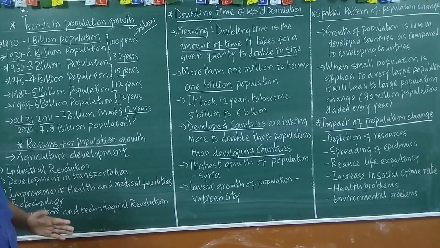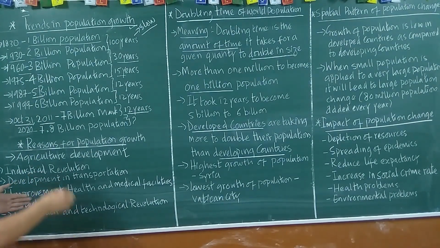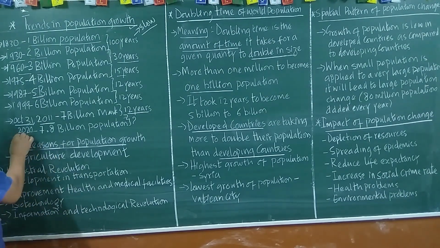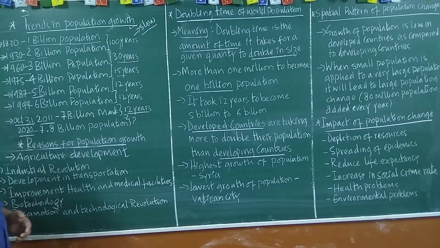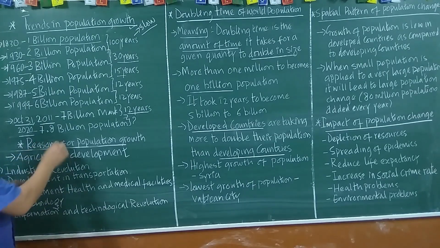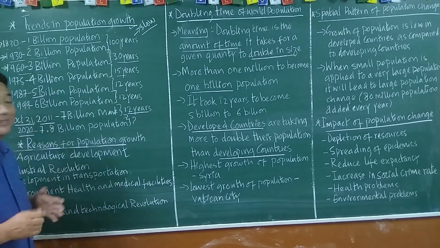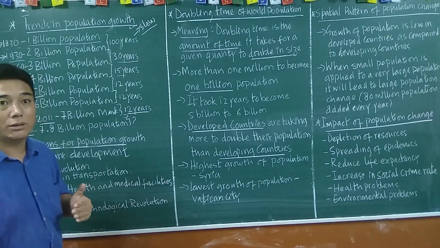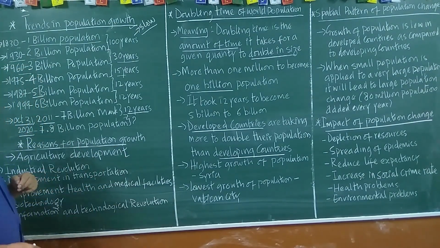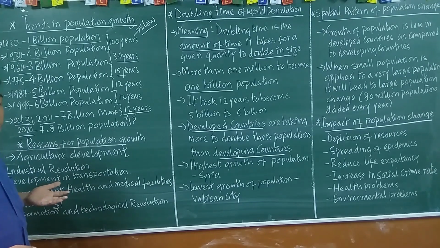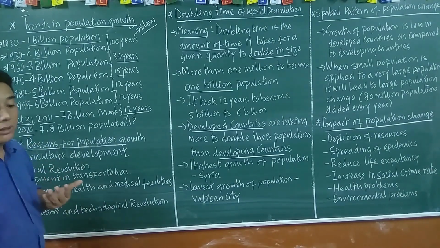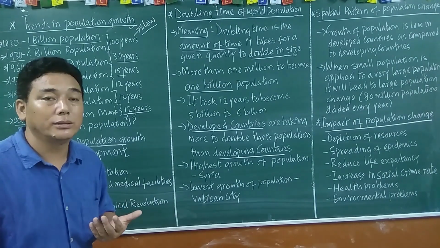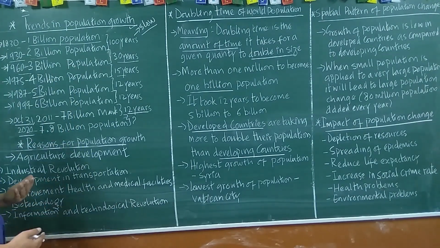Many people predict, estimate and calculate that by 2030 the world's population will become 7.8 billion, just 0.2 short of 8 billion. India is going to cross China's population, many people predict that.